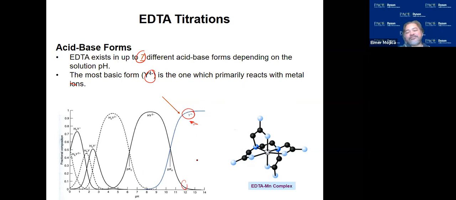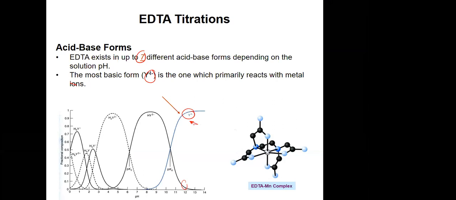Now, does it make sense to you why we have to use that given pH during the experiment? For those who did the lab last week, what's the exact pH that we used? pH 10.